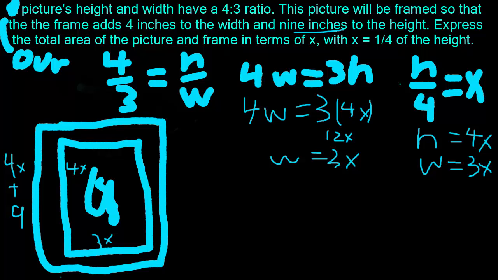And then at the top here, hope you realize the height and width of a rectangle is the same at the top and the bottom, 3x plus 4 inches to the width.